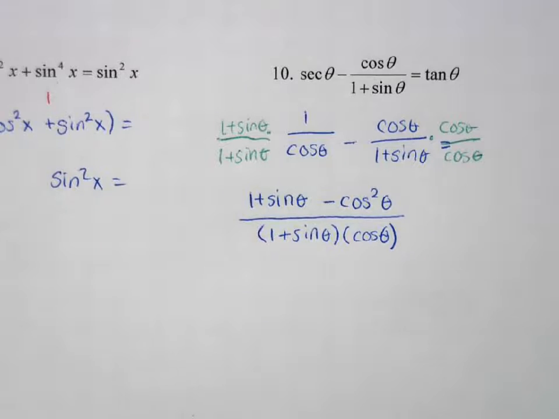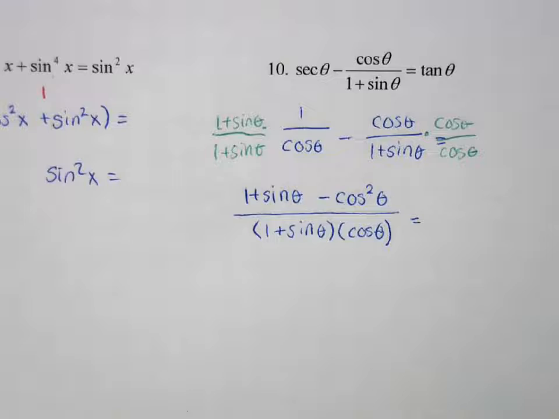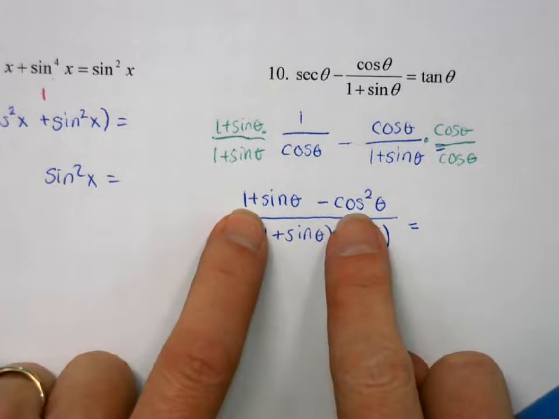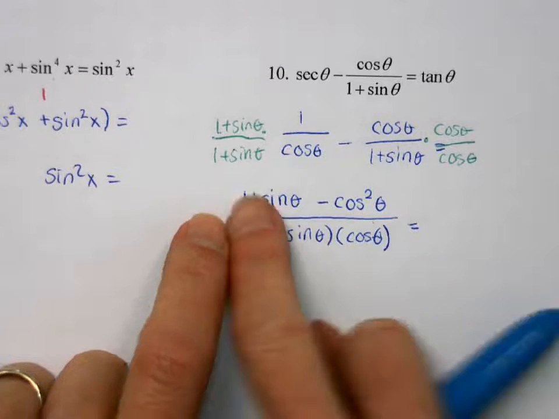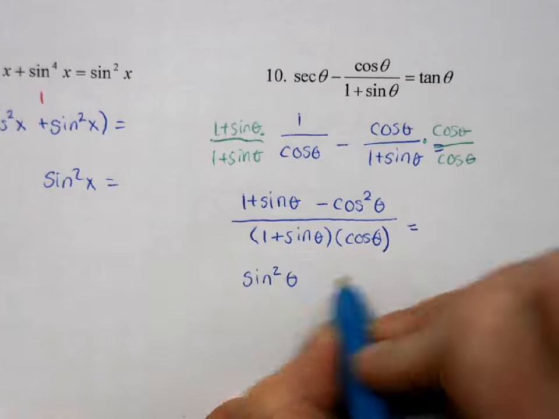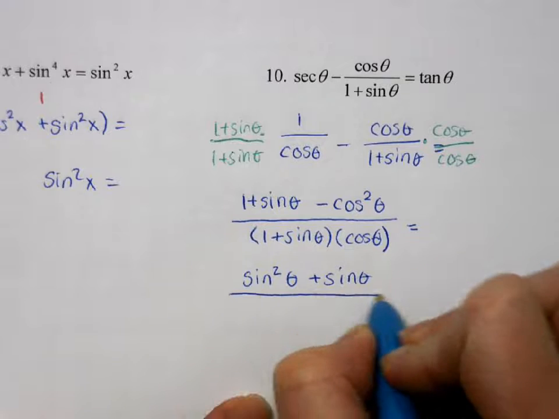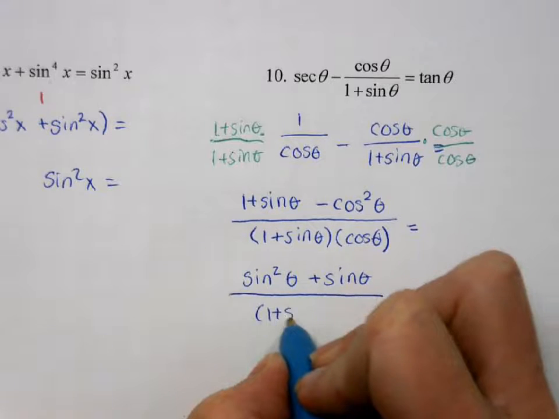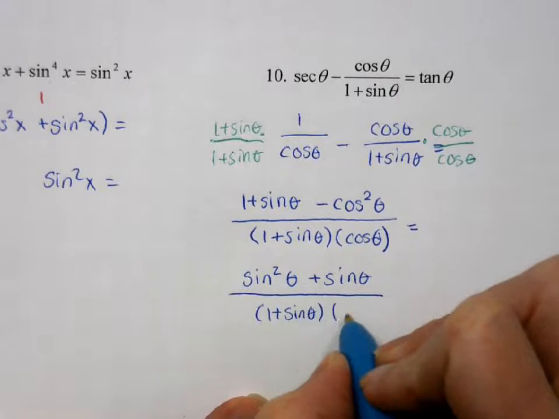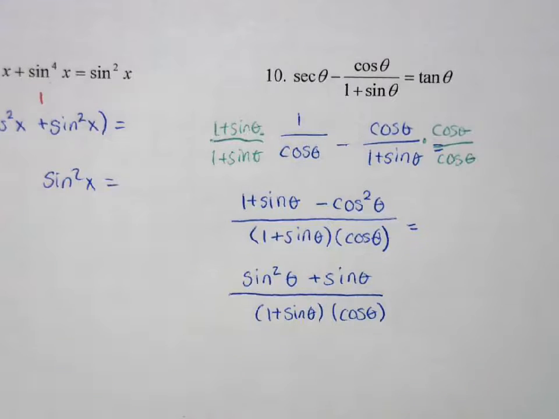Well, if you have a 1 minus cosine squared, if I rearrange this, that's going to be replaced with a sine squared. And I didn't multiply the denominator because if I do, we end up with a sine cosine and nothing really helps us there.